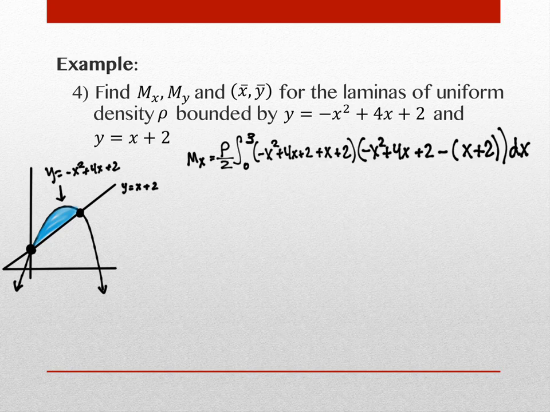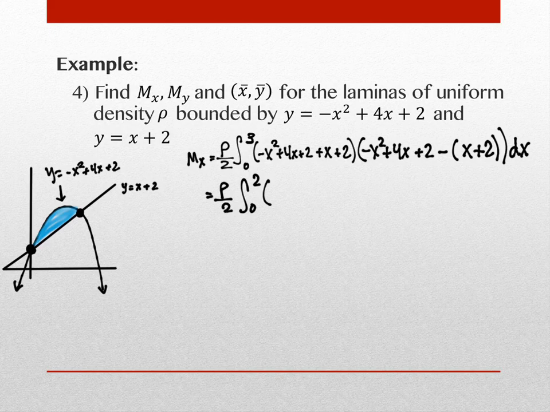There's good and there's bad here. The good is we do have a polynomial. So finding the antiderivative of this in a little bit is going to be not too bad. The bad is it's really messy right now, and we're going to have to do a fair bit of distribution in order to get to the point where we can do that. Okay, good and bad. So let's clean some things up and go from there.